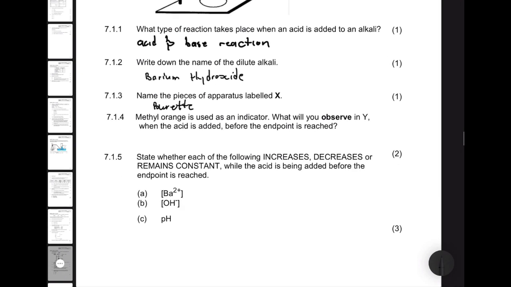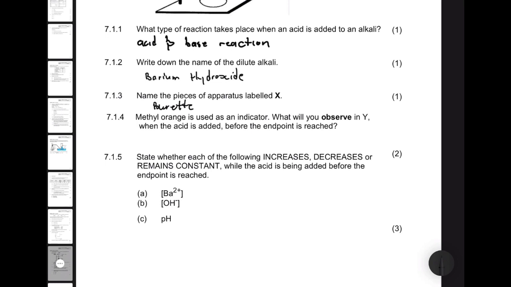And then 7.1.4 says methyl orange is used as an indicator. What will you observe in Y when the acid is added before the endpoint is reached? Before we add any acid, you are going to have a base. If you add methyl orange to a base, the methyl orange is going to turn yellow.